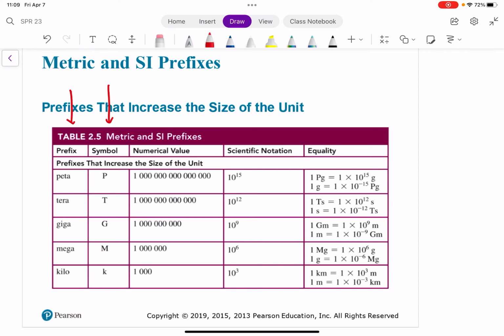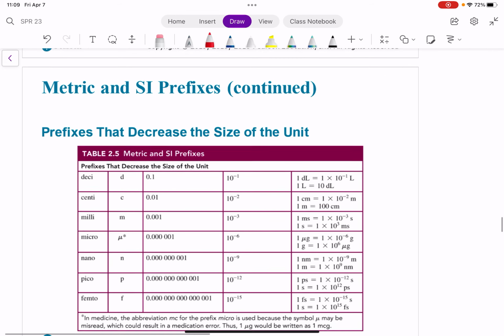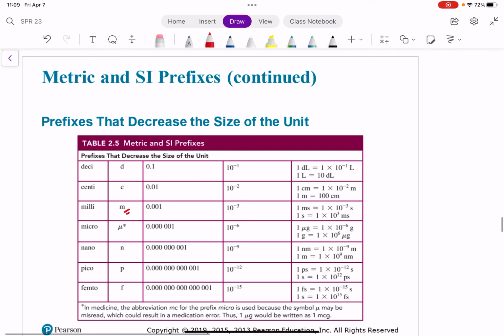I want you to pay attention to whether it's capital or not, because down here we also have a lowercase m. You need to pay attention to whether it's uppercase or lowercase, because that changes what prefix you have.